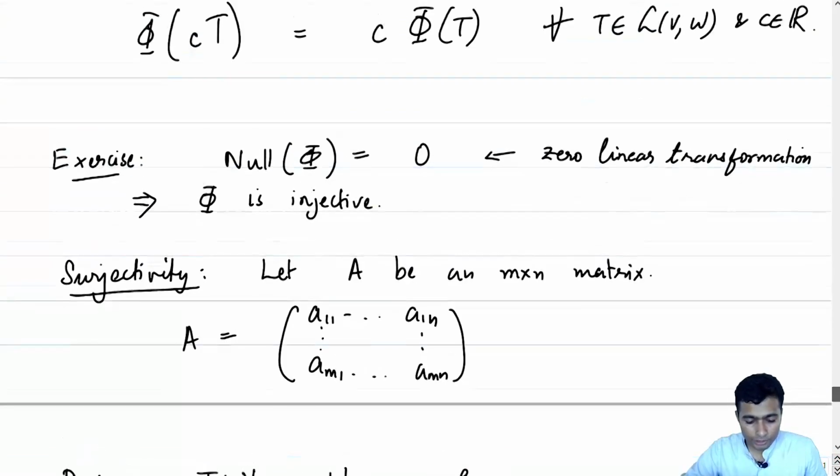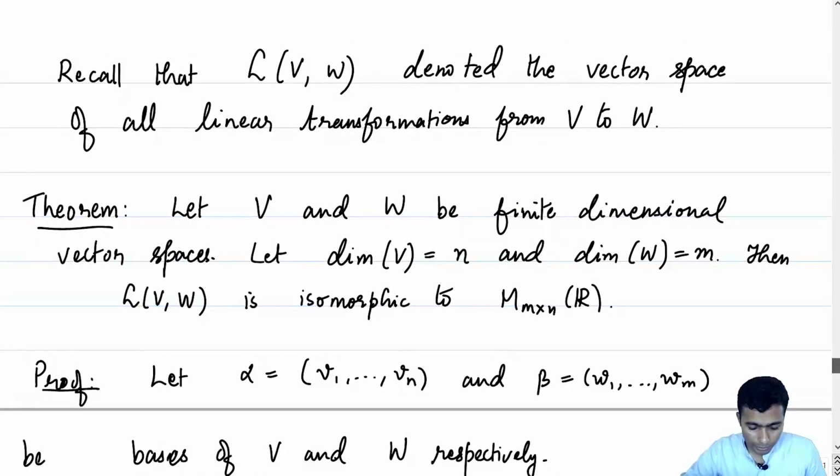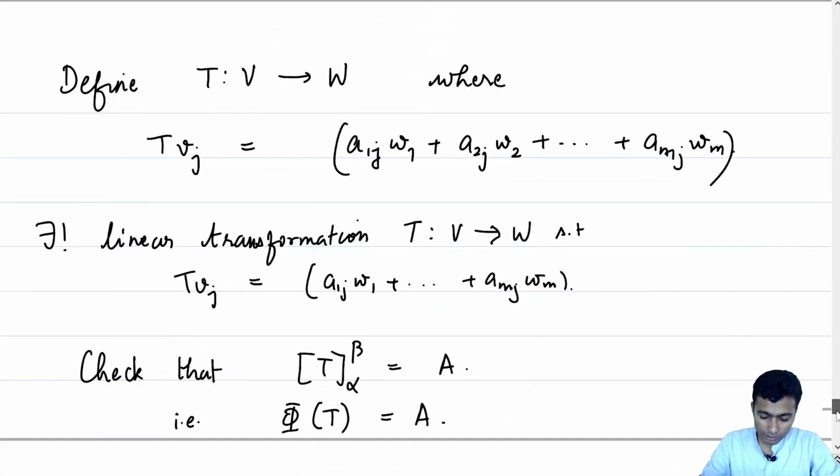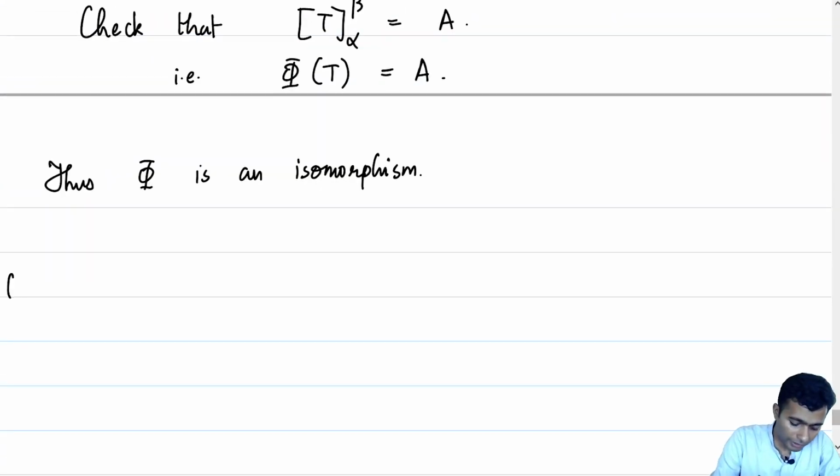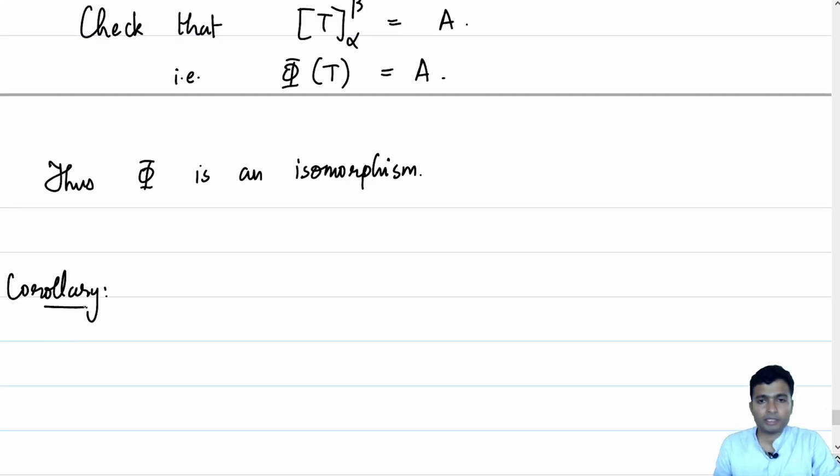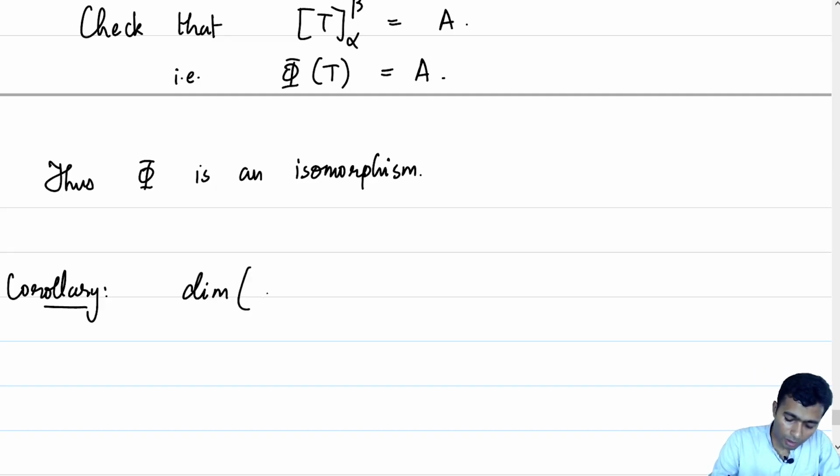So what we have essentially shown is a very powerful result. This theorem tells us that the vector space of all linear transformations from V to W is isomorphic to the m cross n matrices over R. And as a corollary, which is a direct consequence of the theorem, it tells us what the dimension of L of V, W is.